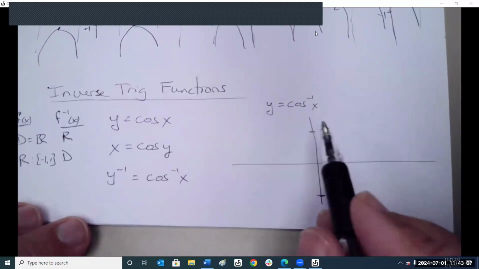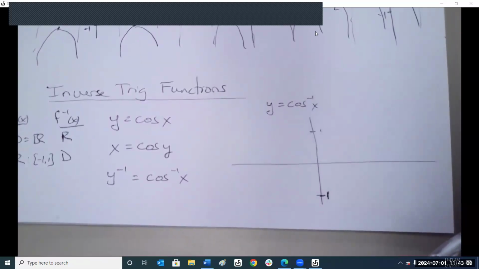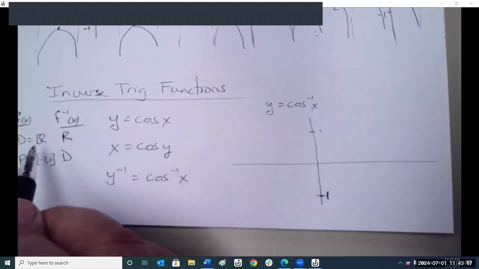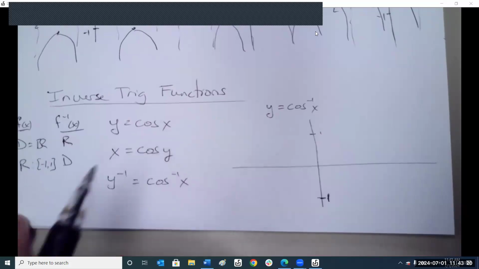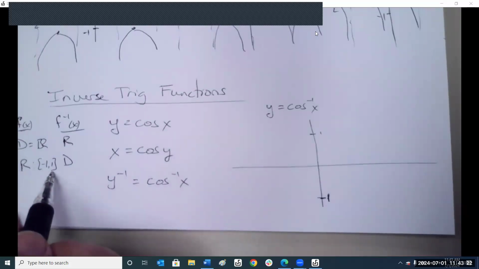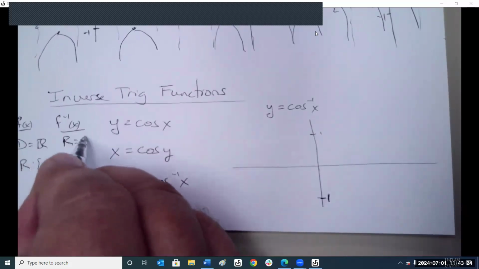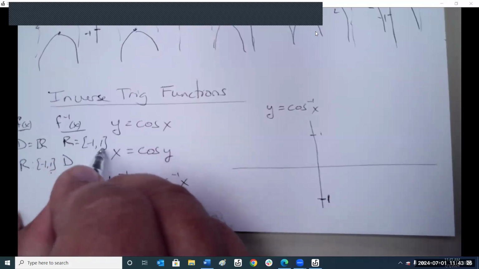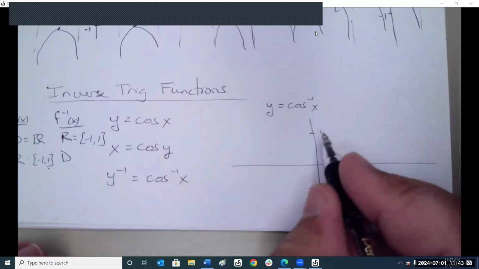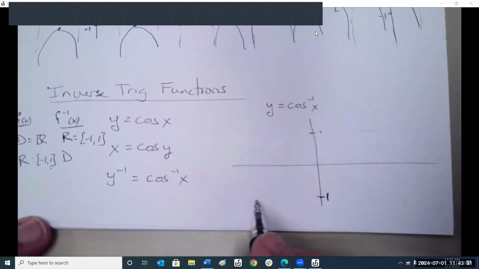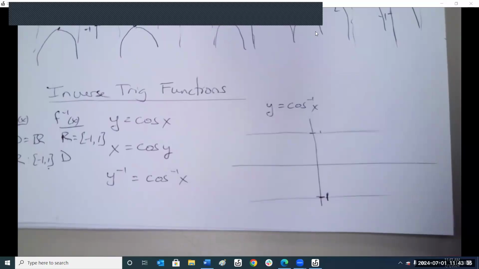So do I have a vertical or a horizontal asymptote? I have a vertical asymptote because the range of my first one was from -1 to 1. So my graphs have to stay within here. So what's the graph going to look like?